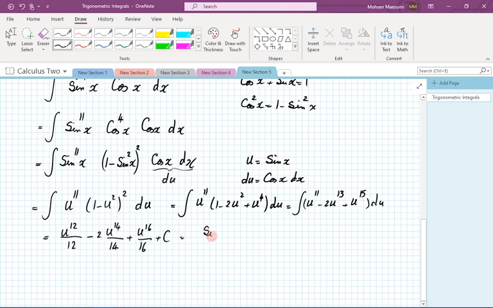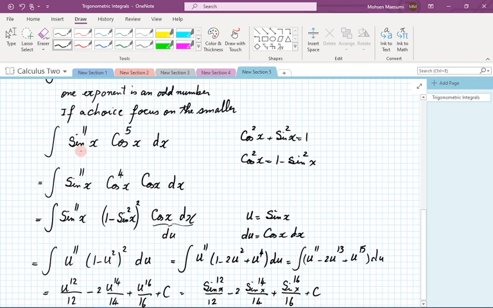So this has to be sine to the 12 over 12 minus 2 sine to the 14 over 14 plus sine to the 16 over 16, and a constant.